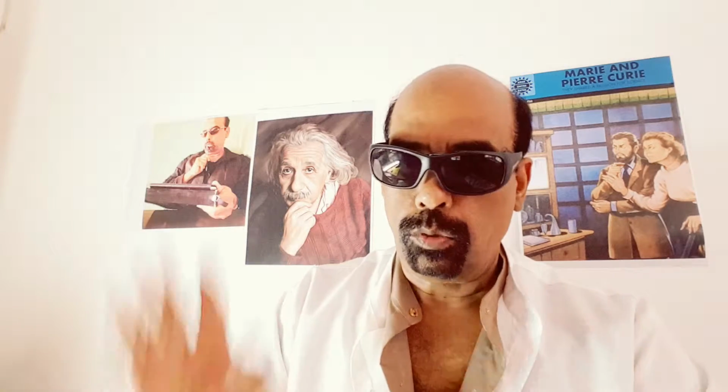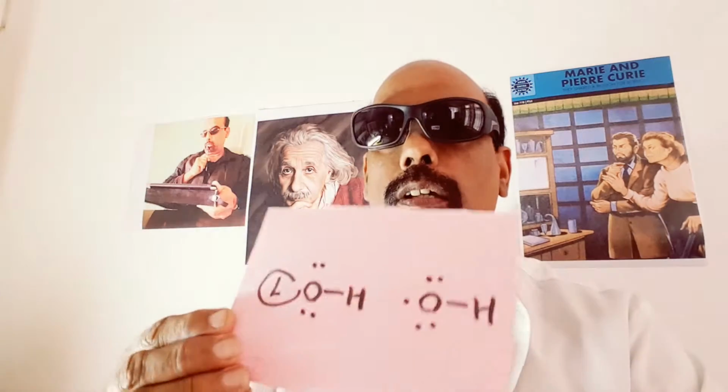The hydroxyl radical is a molecule that has one unpaired electron on the oxygen atom. One unpaired electron on the oxygen atom.